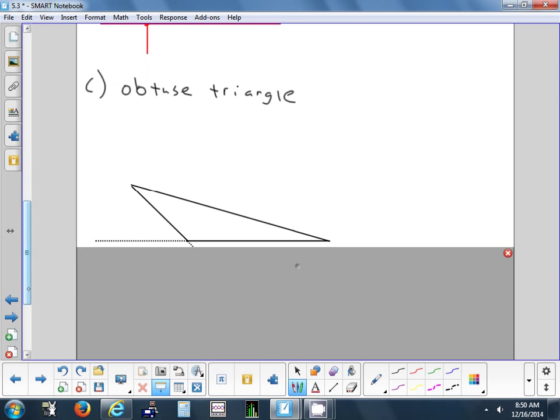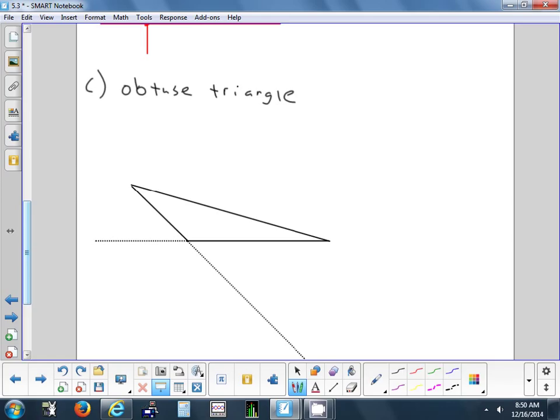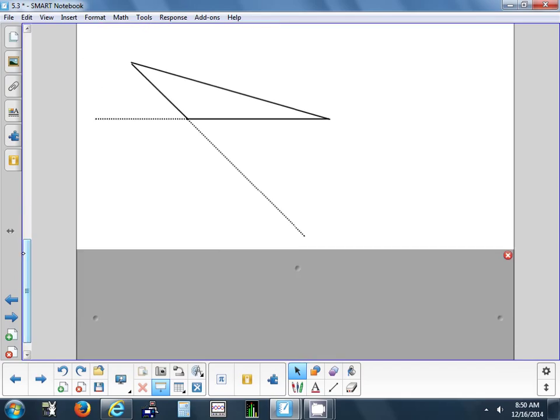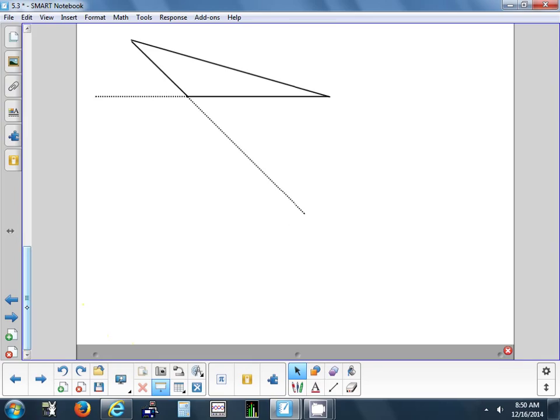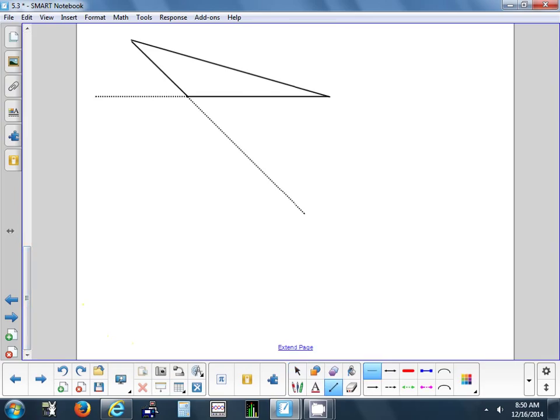And now the obtuse triangle. Okay, so this is a little bit different. All right, let me start with the first altitude.